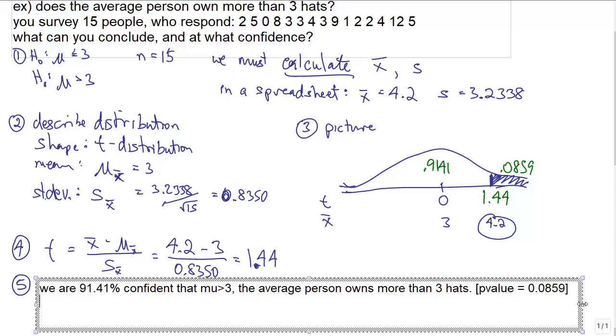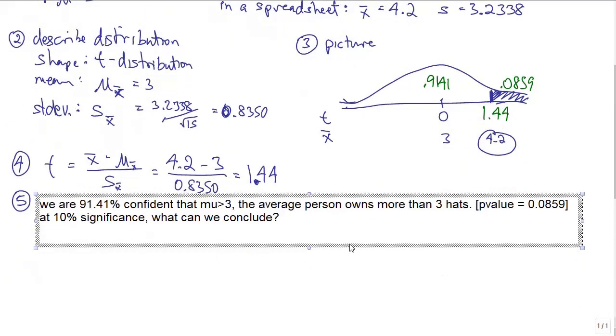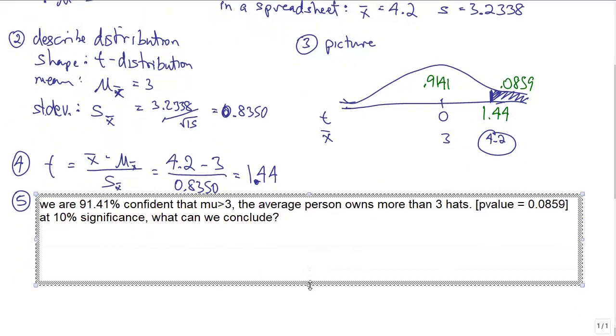So now, follow-up questions. At 10% significance, what can we conclude? So notice that 10% significance is like 90% confidence, and we do have that much.